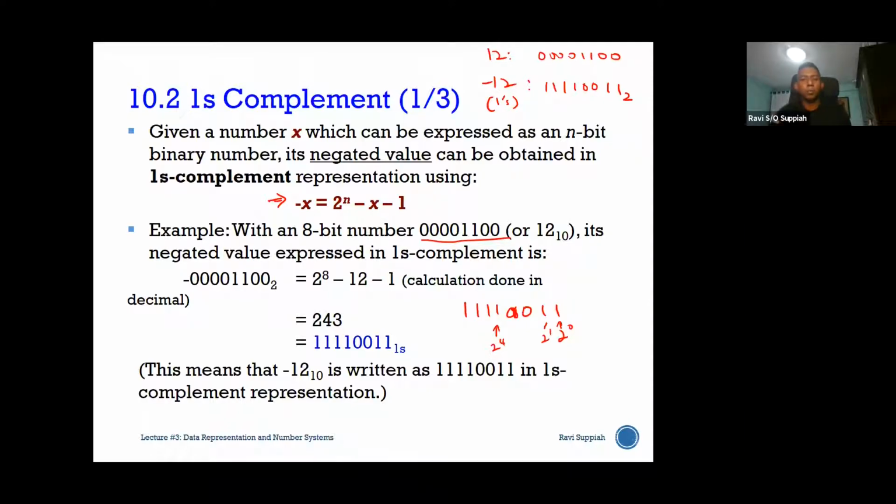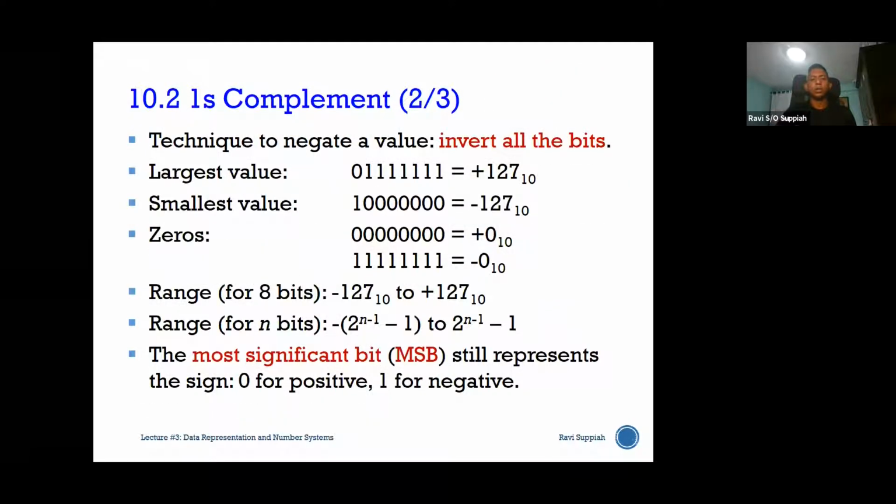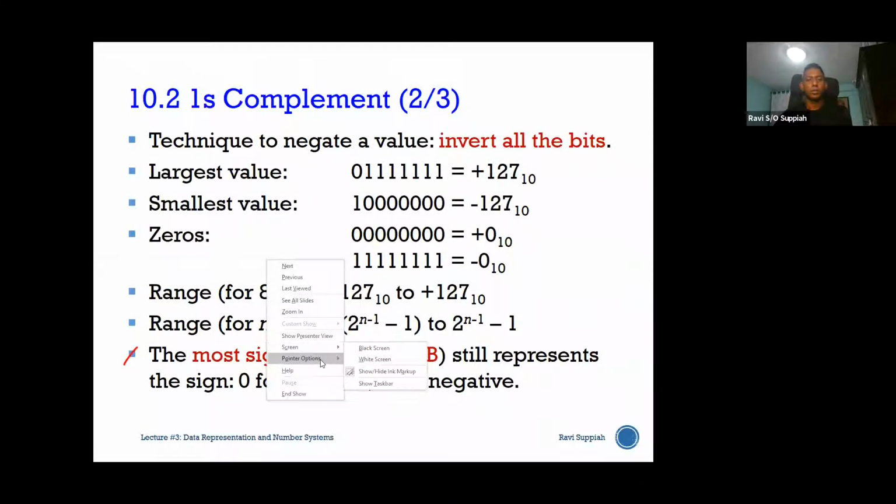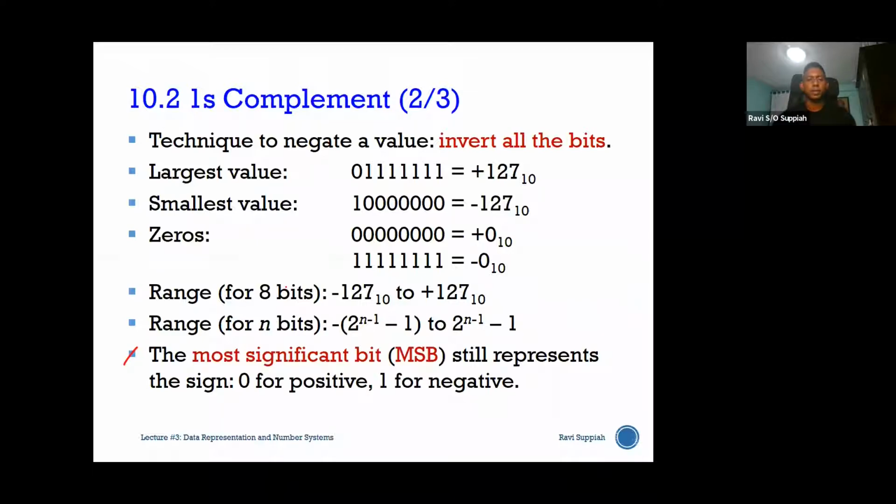And how do you know whether it's positive or negative? You look at the sign bit. The most significant bit represents the sign. So it's similar to the Sign and Magnitude: 0 is positive and 1 is negative.